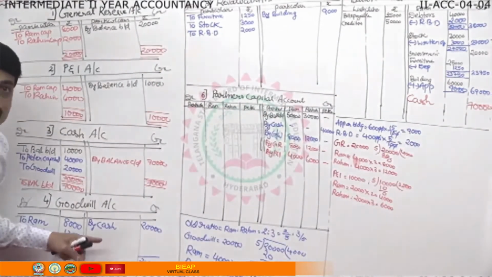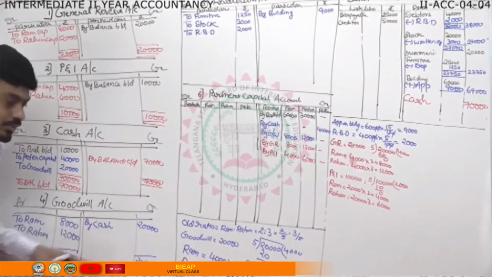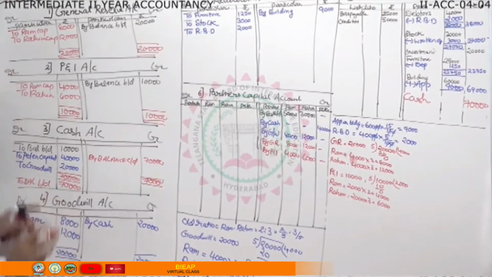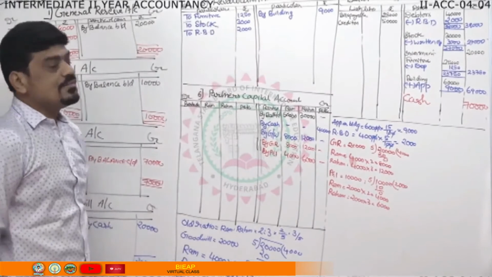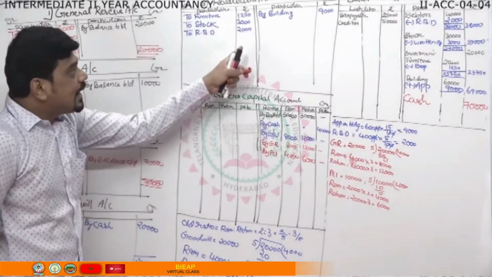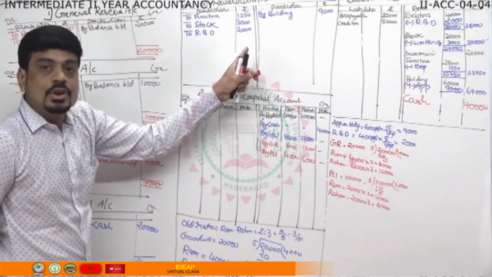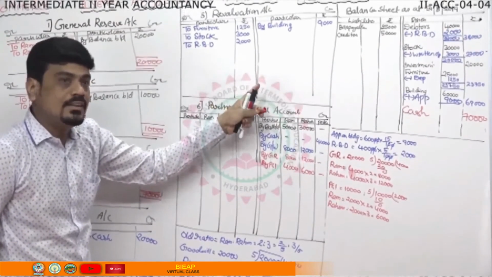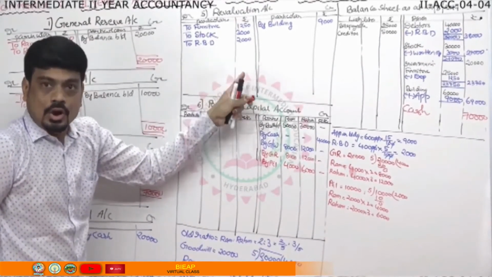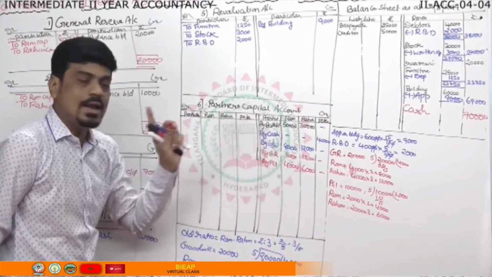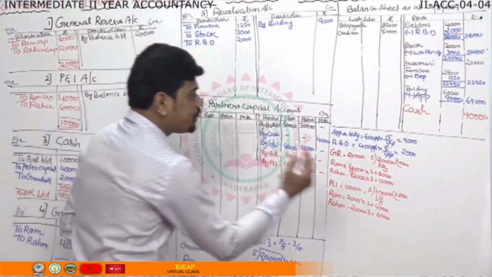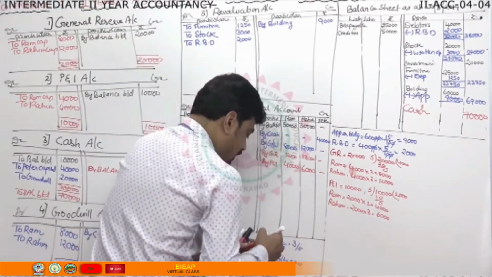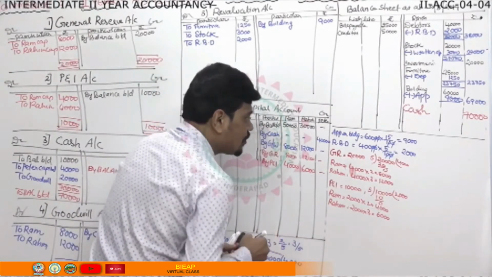Then goodwill. Goodwill is already balanced because it is distributed. So no need to worry. Now we have revaluation account. Again, revaluation account is a nominal account. So whatever difference we get, that will represent either profit or loss, which will be distributed among the partners. So see here, I am doing the working for revaluation account.